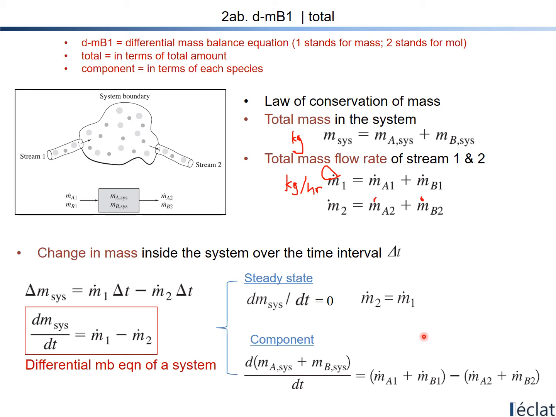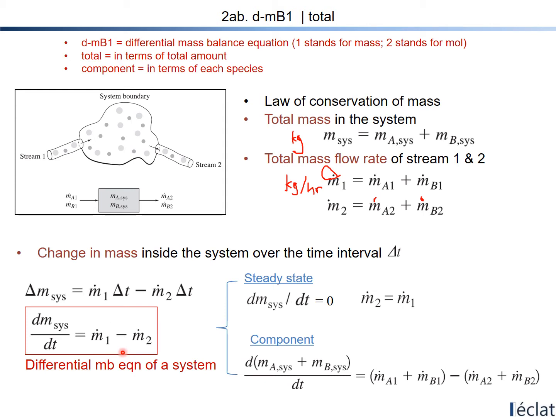Of course, if 1 kilogram is introduced into the system and your system is working at steady state, then the output is 1 kilogram. It should be the same. This equation is about the total mass.